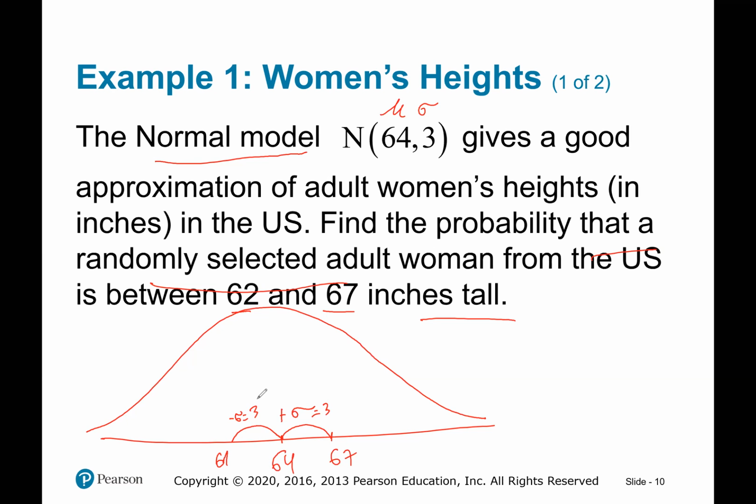Okay, so we want the probability that a randomly selected adult woman from the US is between 62 and 67. So 62 is around here, and 67 is here, right? So you want to find the area under the curve from 62 to 67.